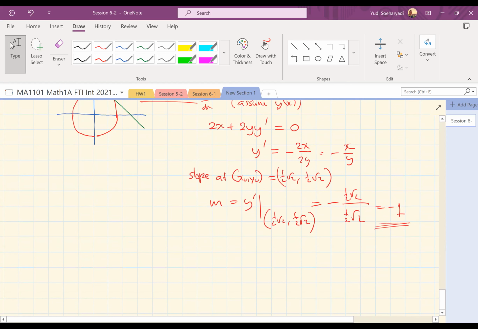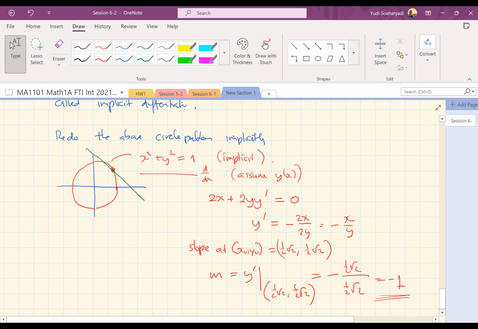Now, the drawback is that in computing y prime, you may need also y. The expression contains not only x, but also y. Because in implicit differentiation, you're assuming this is a function of x and y. So x and y are both variables, but y is a function of x.